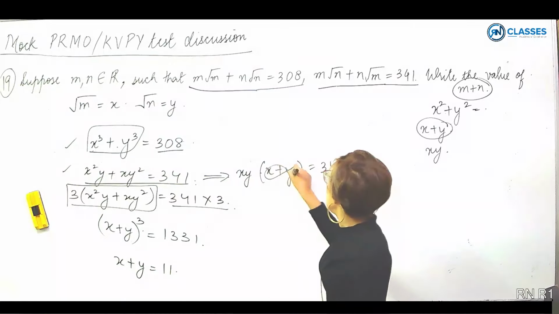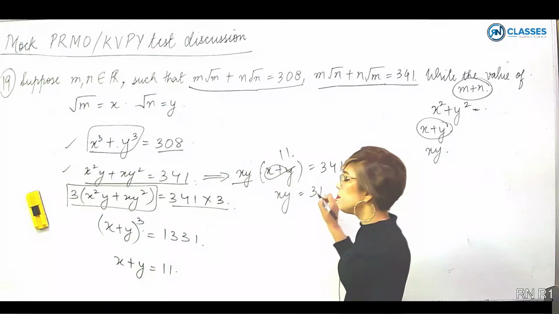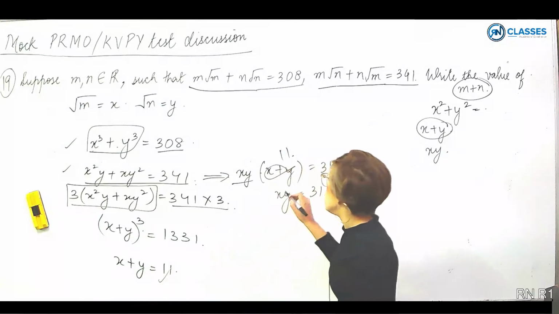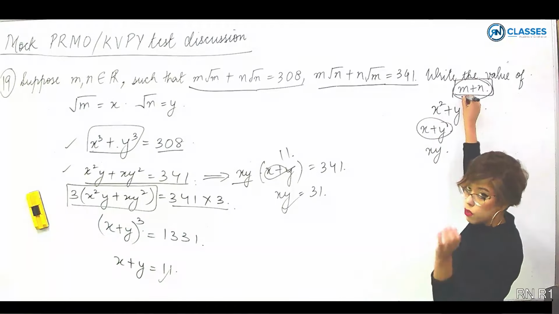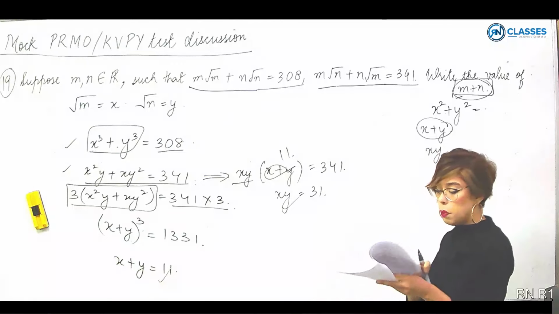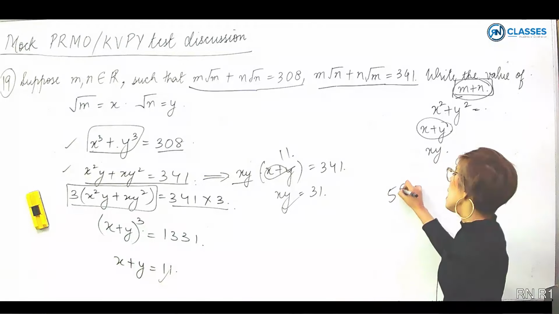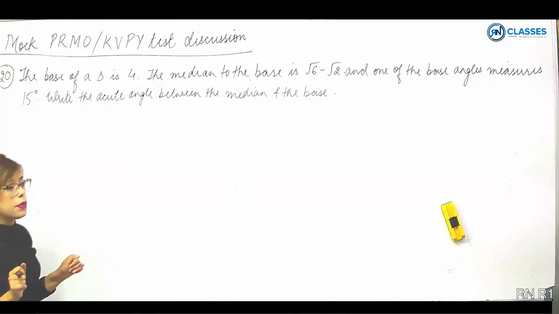Now, this is nothing but 11. So, xy also I can get, which turns out to be 31. You know x plus y, you know xy, you can easily find the value of m plus n. First of all, you'll find the value of x square plus y square, and the answer will turn out to be 59.